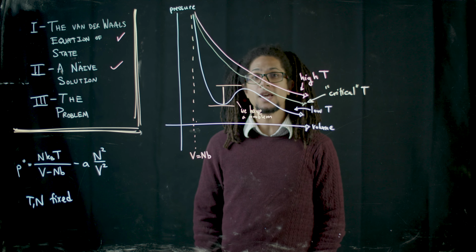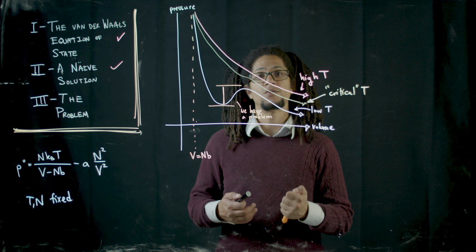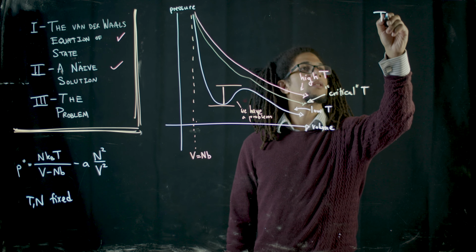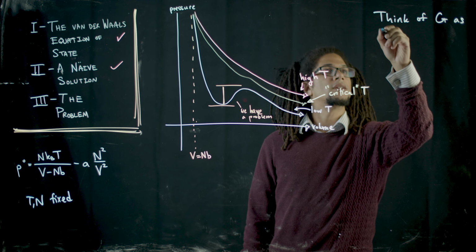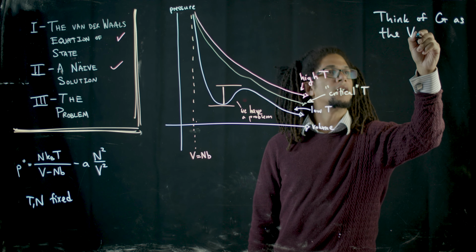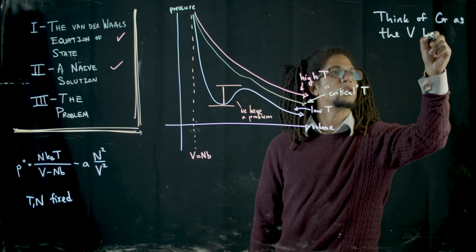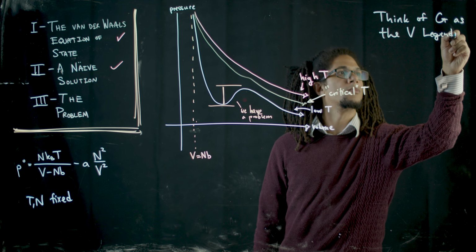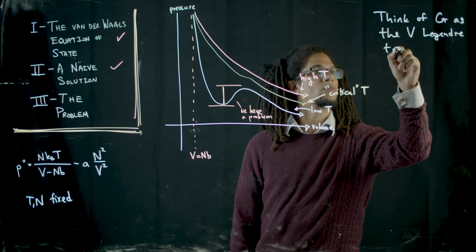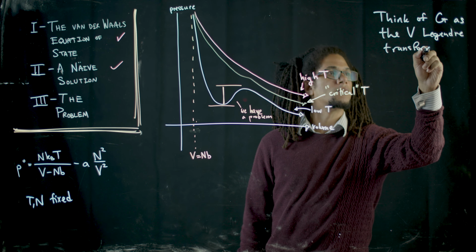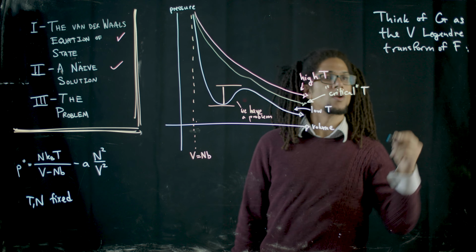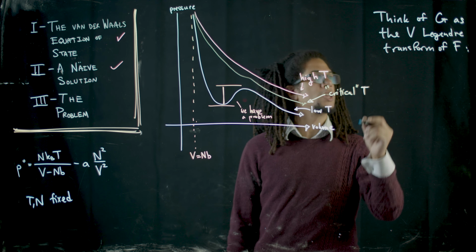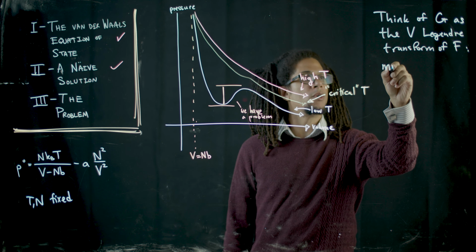The question is, if we think again of G as the V Legendre transform, what we actually want to do is find the minimum.